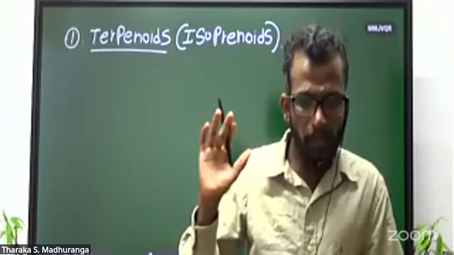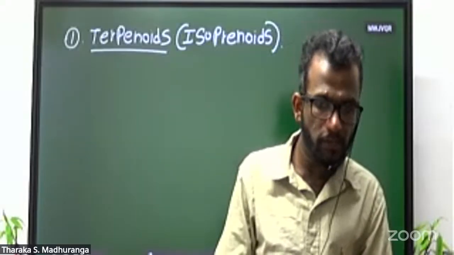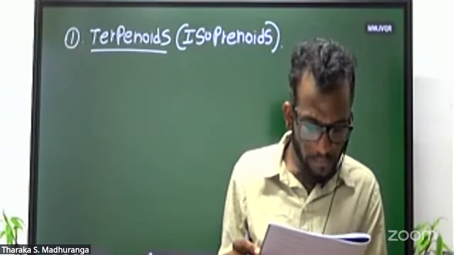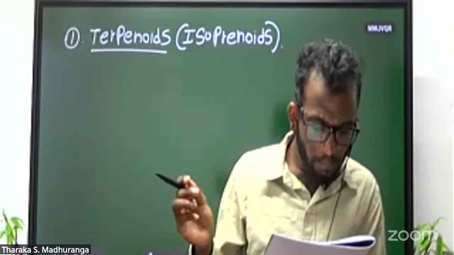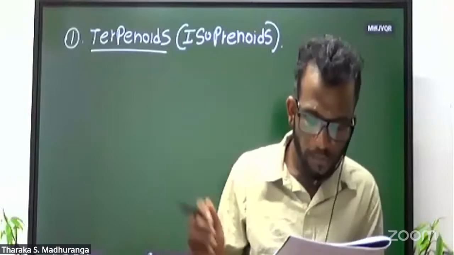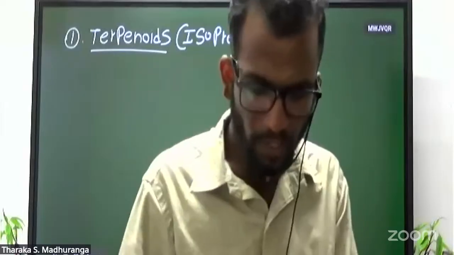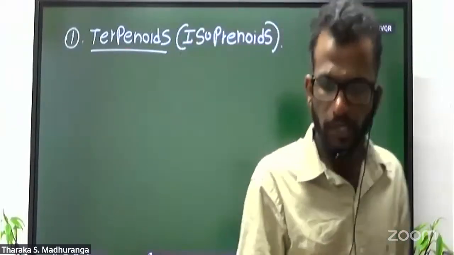That means it is the most common and most available secondary metabolite type. Isoprenoid means isoprene units consisting of 5 carbon atoms linked many times in different ways. They are not important, they are not asked; you just need to know the examples, only examples are asked in the exam.